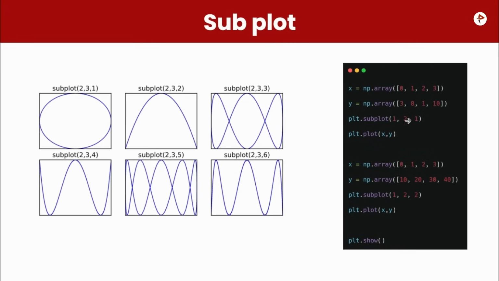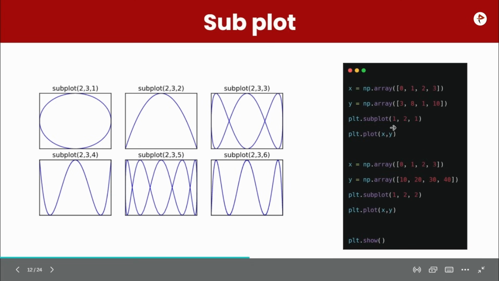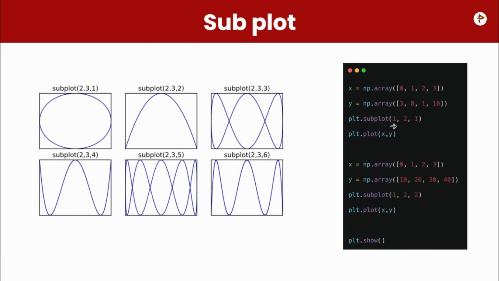If I pass 6 here, this graph will be placed in the 6th place. But see here, I have mentioned only 1 row and 2 columns, which means I will have only these 2. So there can be 2 images, and I am plotting the first image with these values and the second image with these values. So let's try this in Google Colab.